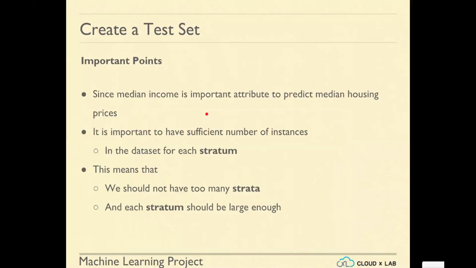Since the median income is an important attribute to predict median housing prices, it is important to have a sufficient number of instances in the dataset from each income stratum. This means that we should not have too many strata, and each stratum should be large enough.